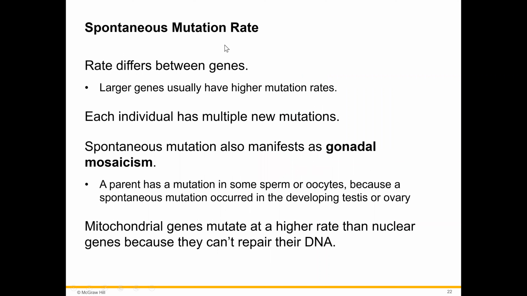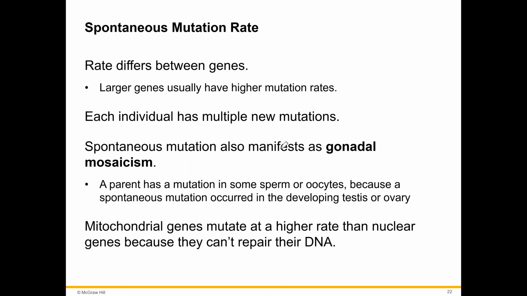Now, spontaneous mutation rate differs between genes. Larger genes usually have higher mutation rates. Each individual has multiple new mutations. So you and me, we have new mutations that neither our parents or our grandparents had. So we have multiple mutations. It just always happens. The rate is rare, but every time DNA is replicated, mistakes happen.